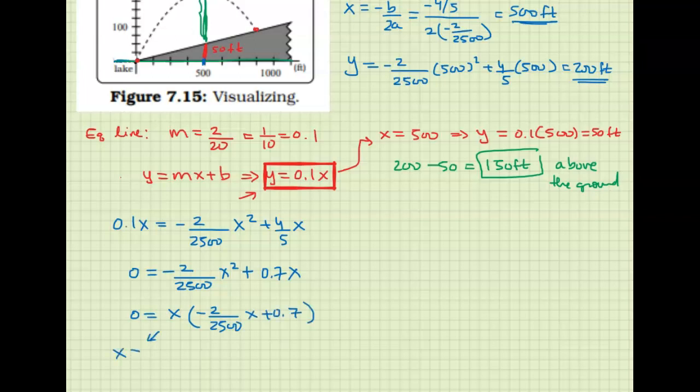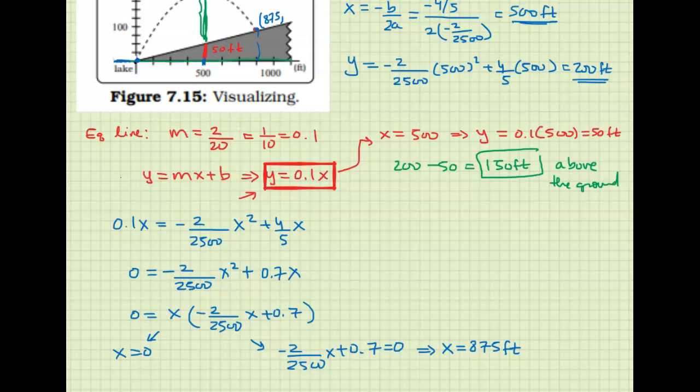We get x is 0, which is this intersection point. And then we get negative 2 over 2500 x plus 0.7 equal to 0. When we solve that, we have 0.7 divided by 2 divided by 2500, and we get 875 feet. So this right here is an x value of 875 feet.